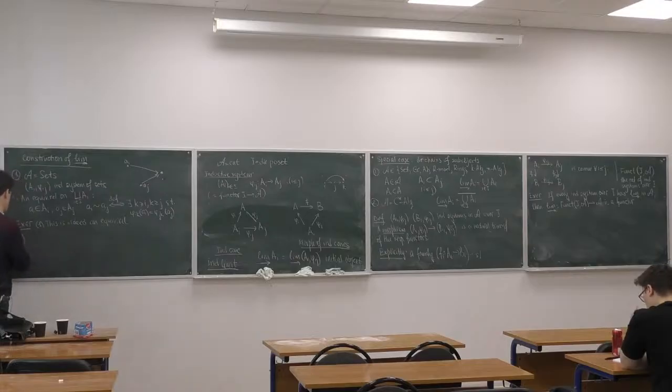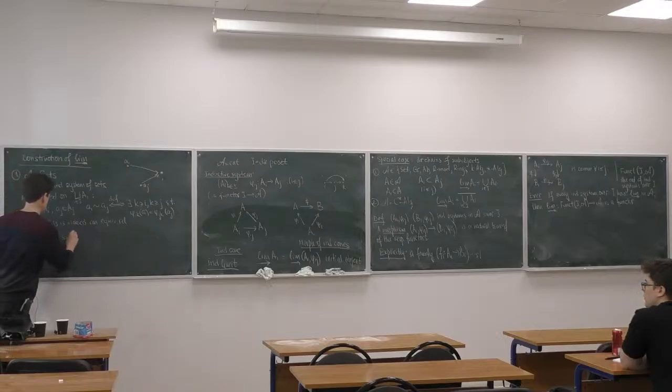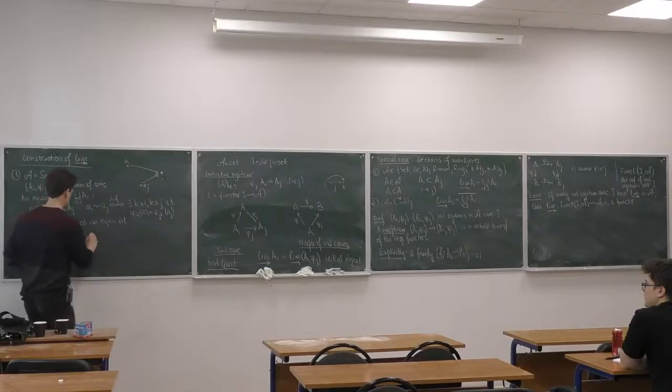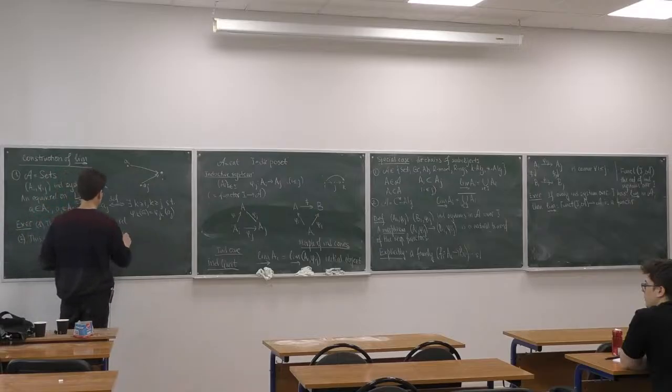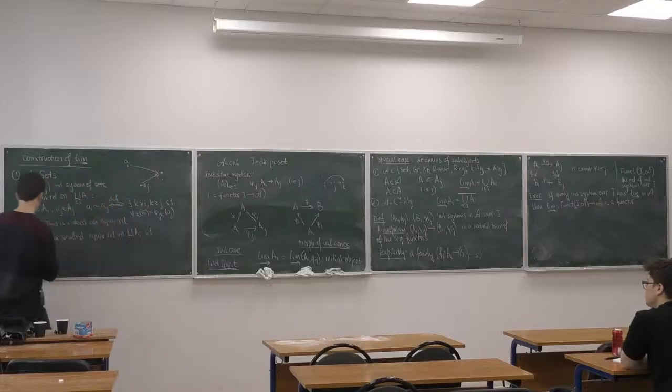And second, it's easy to observe that this is the smallest equivalence relation on this disjoint union such that every element ai of the set Ai is equivalent to all of its images in Aj for all j greater than or equal to i.